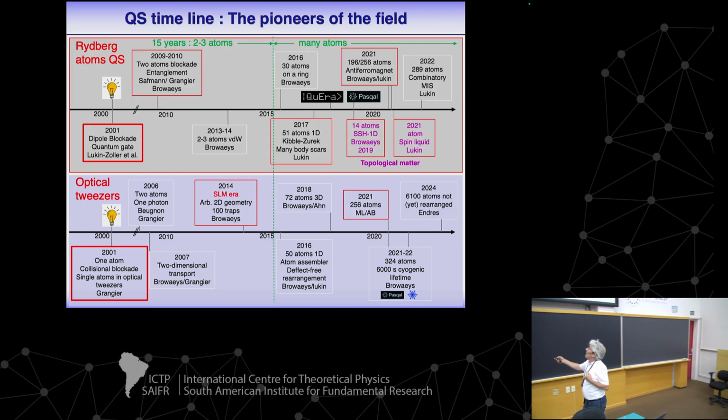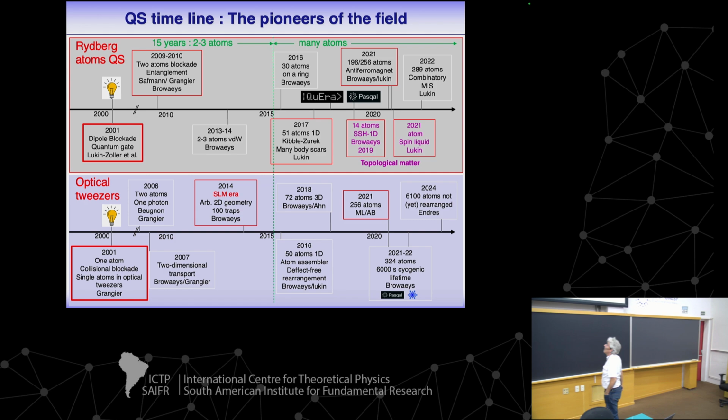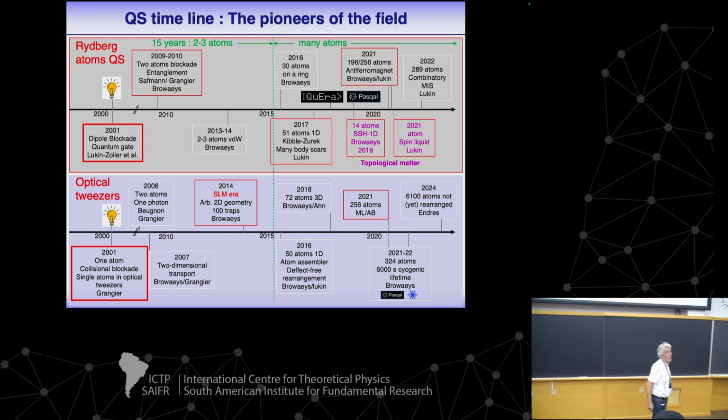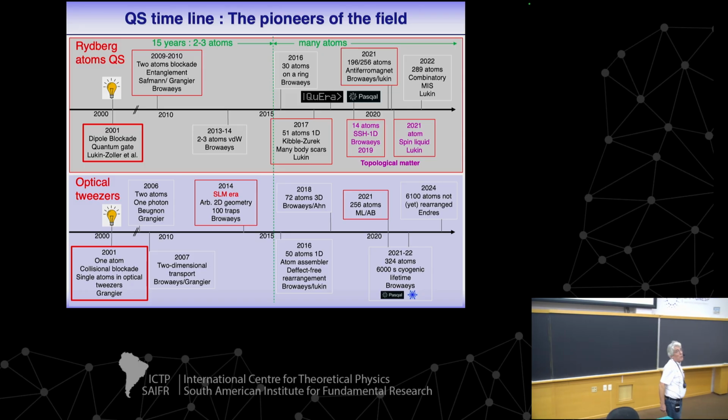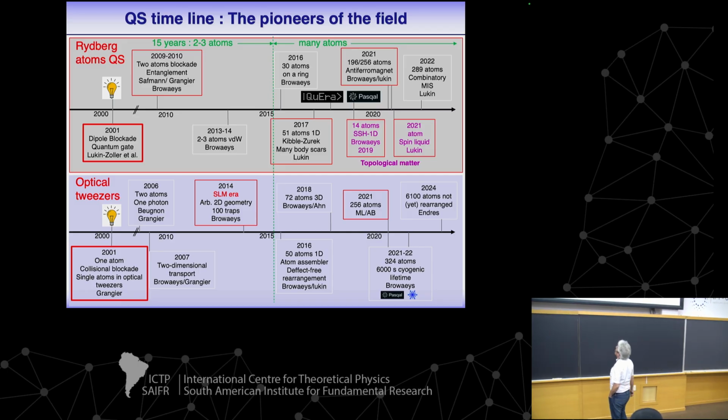I will first focus on a theoretical proposal by Lukin and Zoller in 2001, when they introduced the dipole blockade phenomenon as a tool to efficiently perform quantum gates. It was kind of the trigger of this long story.